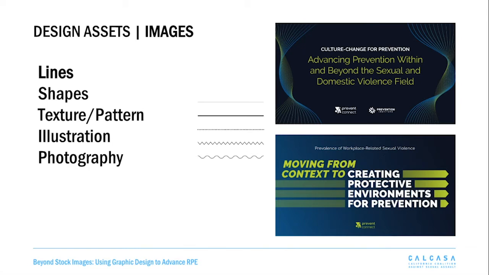And then in the one below, we use the lines to create emphasis and show movement that emphasizes that moving from context to creating protective environments for prevention. I just took the word moving and chose to show that through lines and portray that movement. So sometimes it could be very literal, and other times you could use it more as texture in the background.